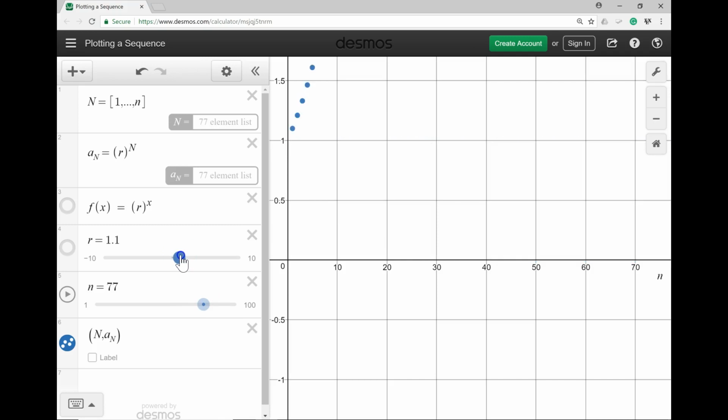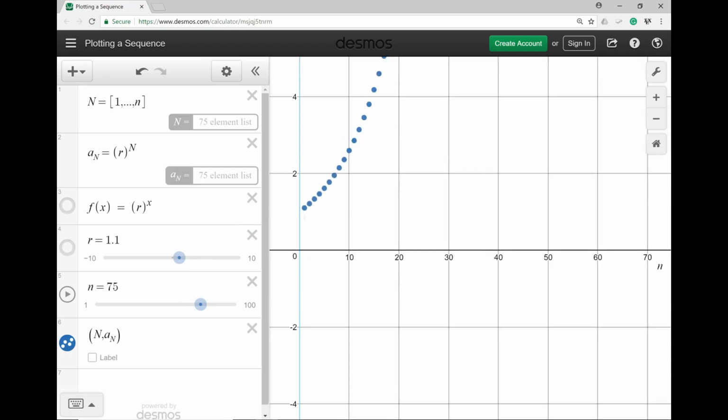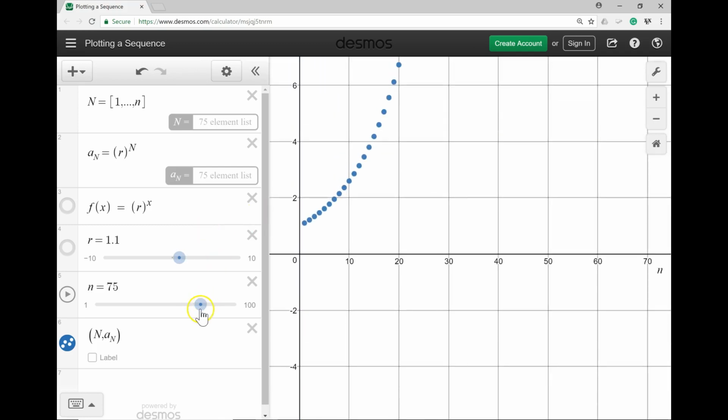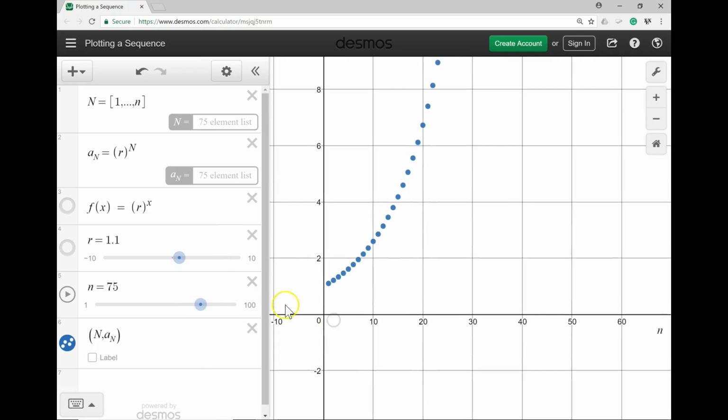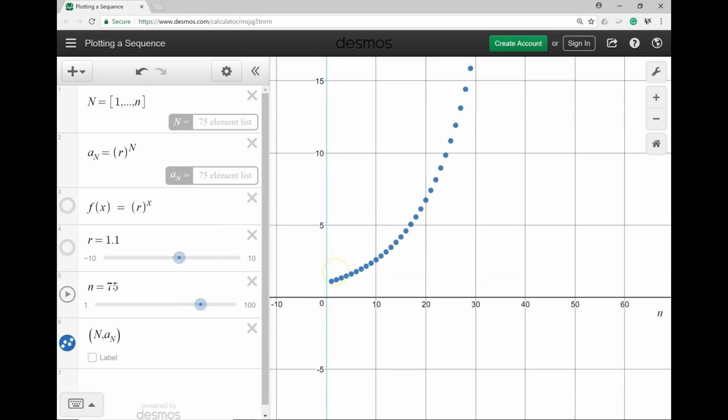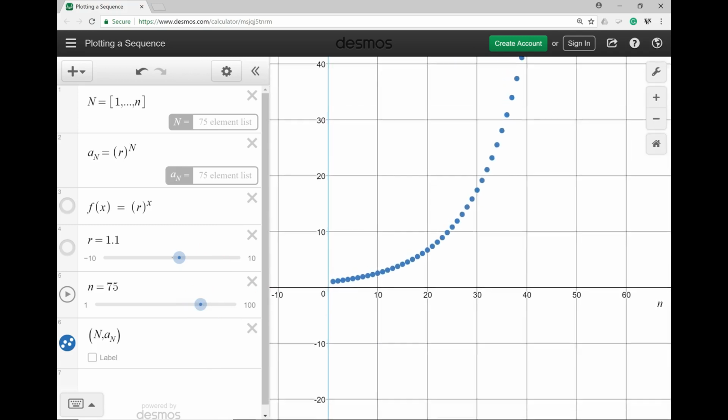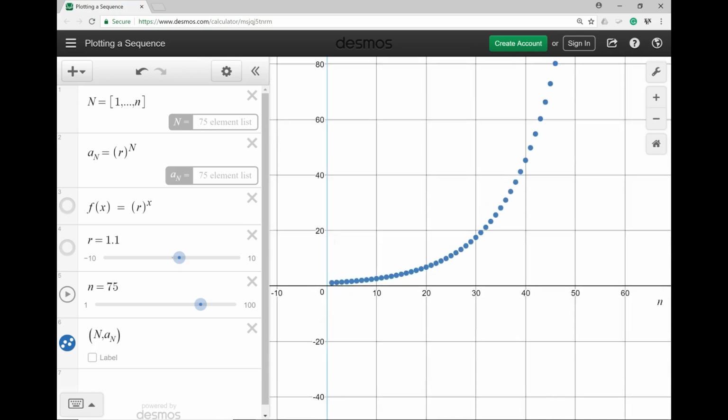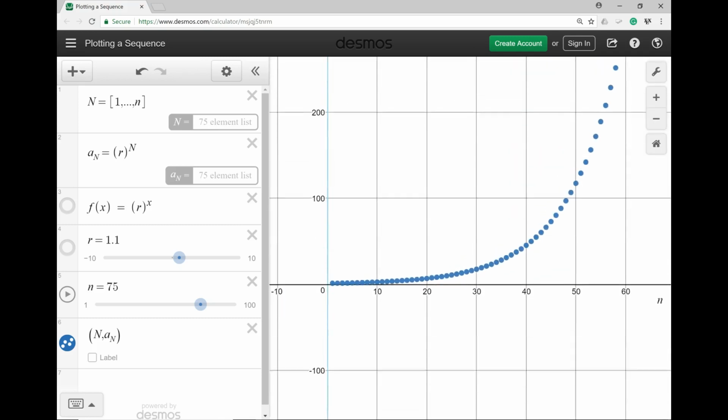If I go to R equaling 1, notice again I get that very boring sequence of just 1. It's 1 no matter what the n value is. Now if I go up just ever so slightly, even to just 1.1, what I will start to see is exponential growth. As my n value increases, the terms of the sequence increase exponentially.